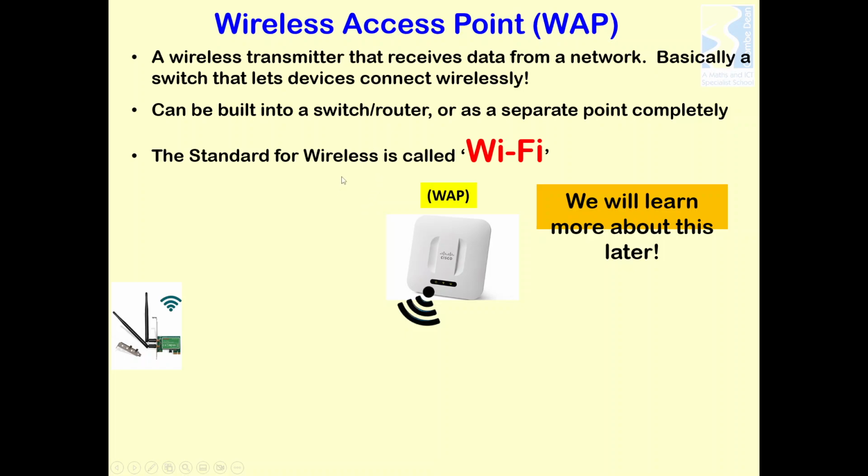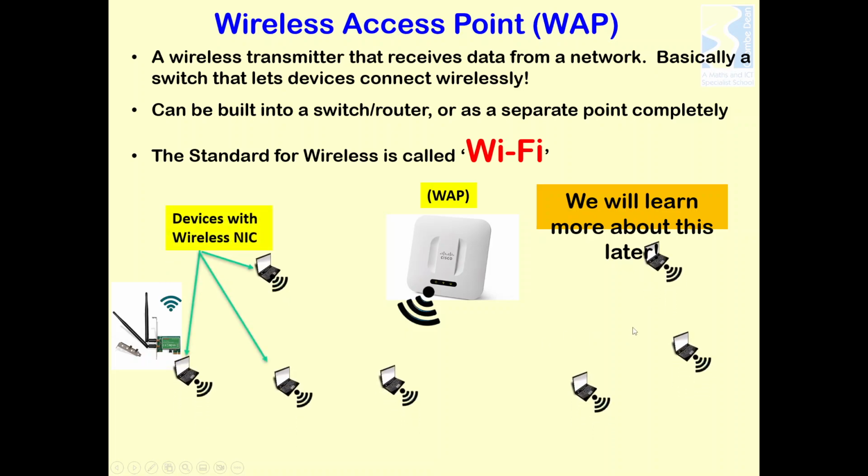And finally, a wireless access point, a WAP. A WAP or wireless access point is a device that lets you connect to a network wirelessly. Okay? In a LAN, it connects devices wirelessly to the network, and it uses a standard, a protocol called Wi-Fi. Data is transmitted wirelessly using radio waves, and every device that's connected needs a wireless NIC to connect to it.